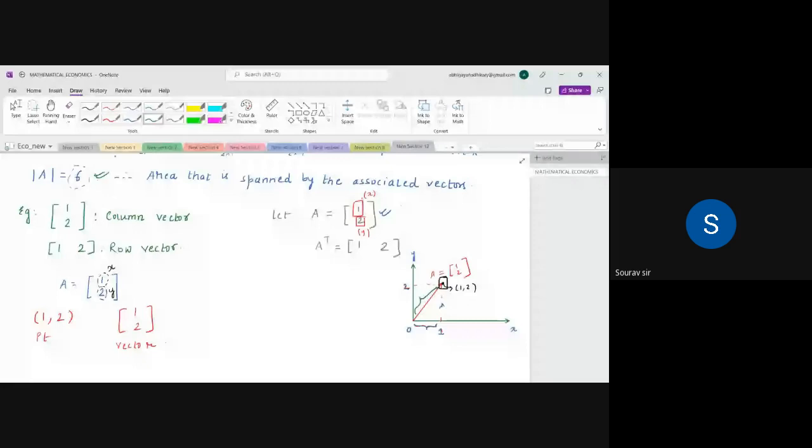A point is basically a location, and when you say vector, it is telling you the shortest distance, from the point of origin to this tip, how you are going to reach it in the shortest way. That's the idea graphically. So this is the Cartesian point, and this is my vector.